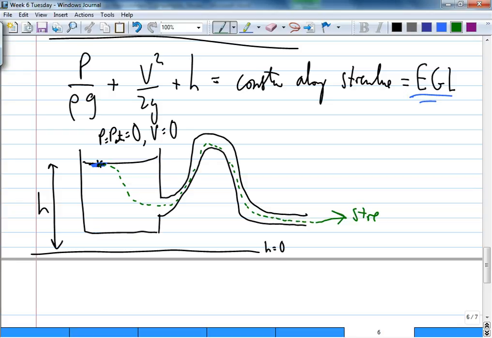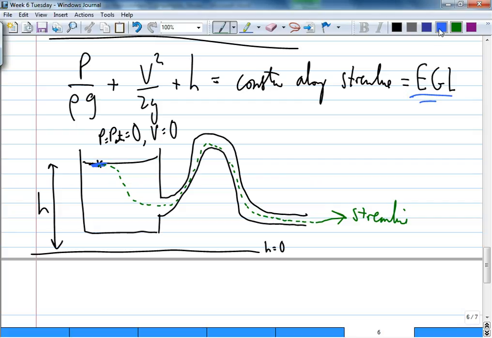This quantity is constant along that streamline. Assuming no losses, P over rho G plus V squared over 2G plus H is constant. Okay? So by right, the energy grade line should be constant.